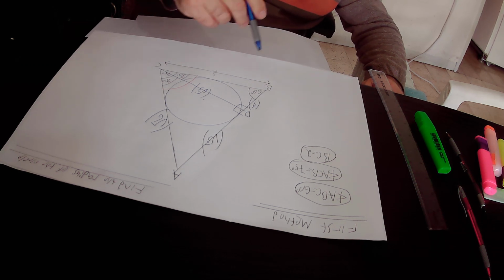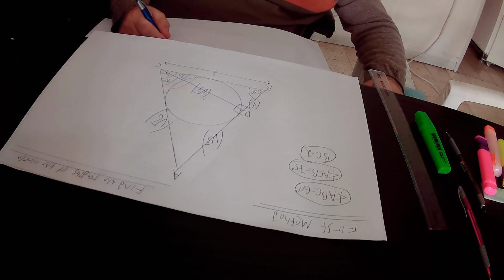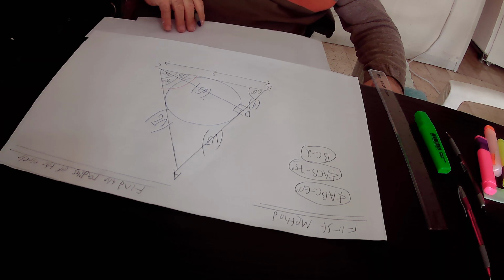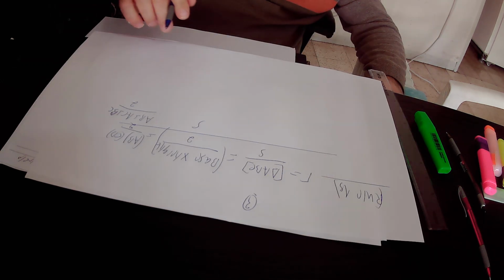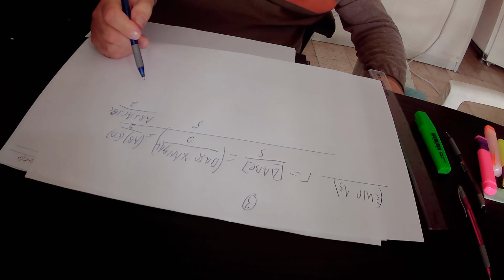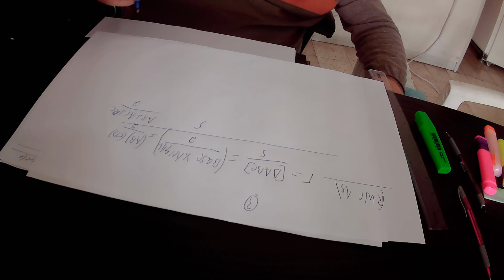The perimeter is AB plus AC plus BC, and if we divide the perimeter by 2, we get the semi-perimeter S.